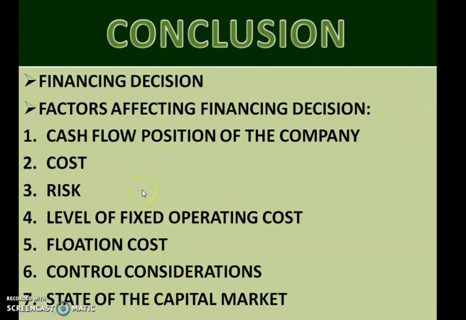See children, this is a very important question, because the maximum marks of 6 mark questions asked are from this chapter. So these factors, the financing decision, investing decision, dividend decision, capital structure, these all are very important from the exam point of view and the 6 marks point of view.